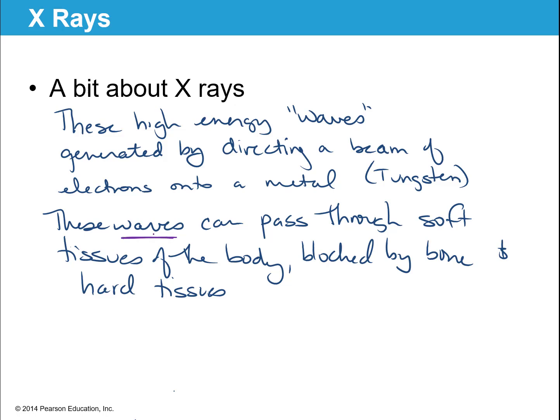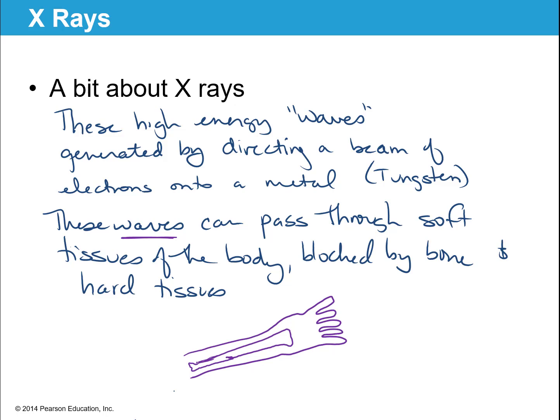These energy waves are strong enough that they can pass through soft tissues of the body. So if you have somebody with a really strange looking appendage, and you do an X-ray, if there is injury, that'll show up because bone is solid.